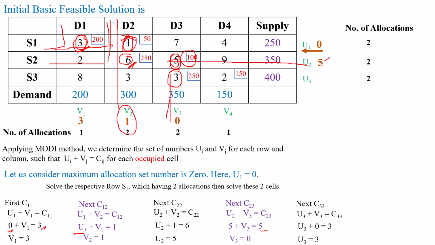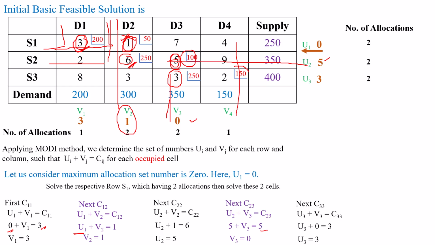Then we know the relation U3 plus V3 equal to C33, and the U3 plus V3 value we got is 0. Then we substitute here, we will get the U3 value is 3. So next we have to determine the V4 value. For this one I have to observe this column.